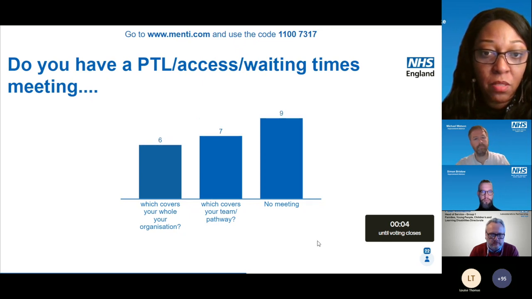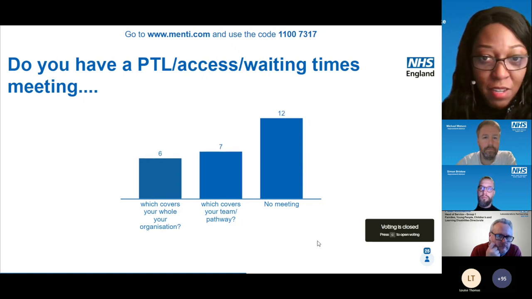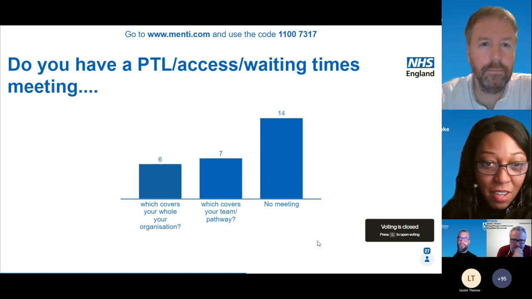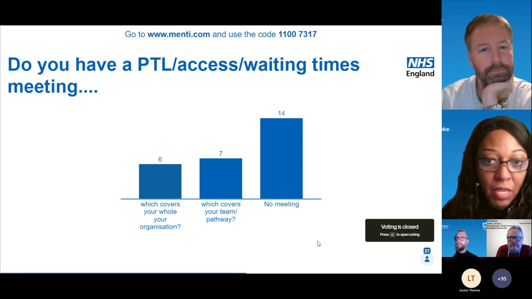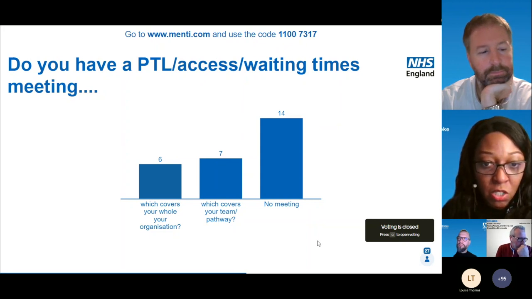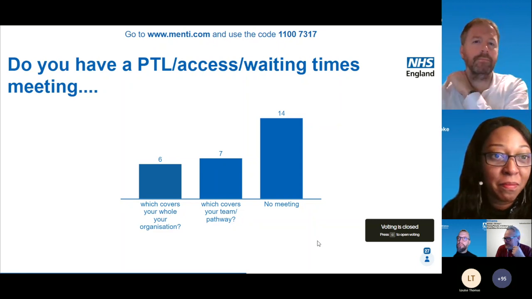We'll hear more about the significance of this in the next section, but it seems like the majority, and please don't be shy, there's more than this number of people on the call, but the majority of people are saying that there are no meetings in place, at 14. And for those who have meetings in place, it covers different levels. You have a whole organisation and a team one. So yeah, should we hear more about that?